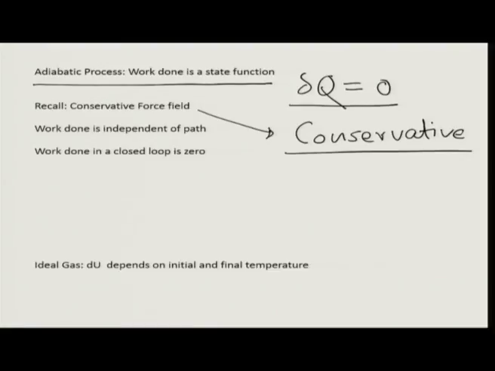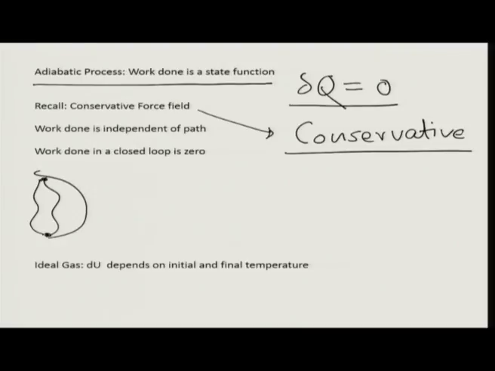And now, let us recall our mechanics course. In mechanics, we already know in a conservative force field, work done does not depend upon the path I take. For example, if a particle in a gravitational field was initially here, I take it here. I can take it in many possible ways, as many ways as you like.